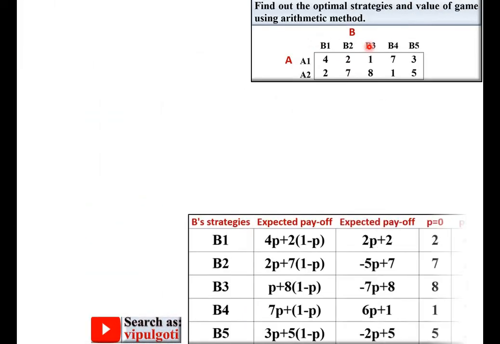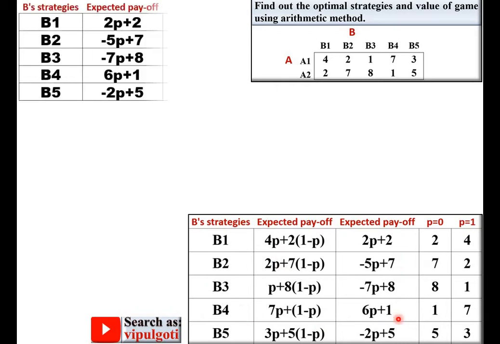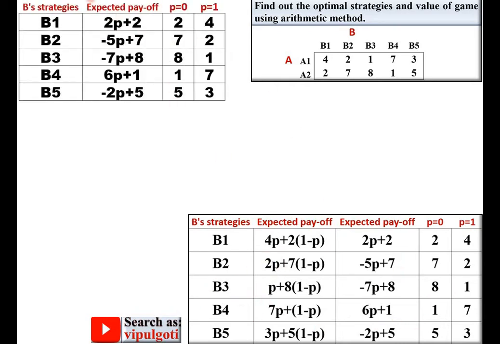Now next, this is the given data, and we have discussed this table in the earlier slide, and I have written here the first, third, fourth and fifth columns only. If you look carefully, the P is equal to 0 column is actually the second row, and the P is equal to 1 column is exactly the first row. So don't waste time on that also.